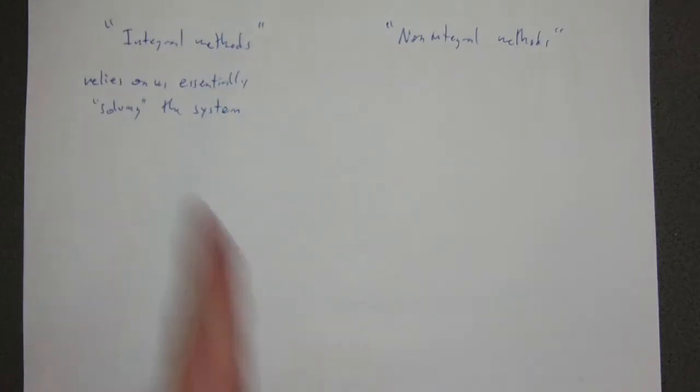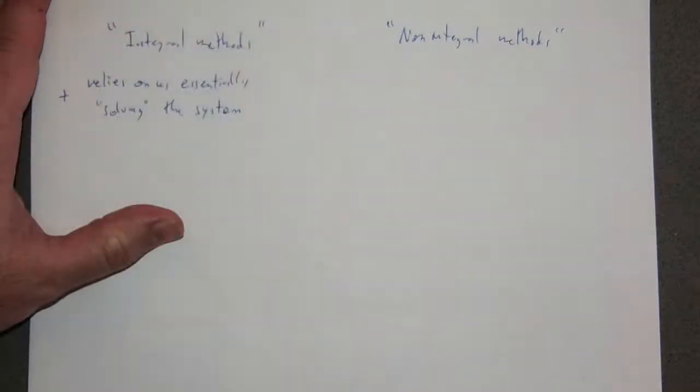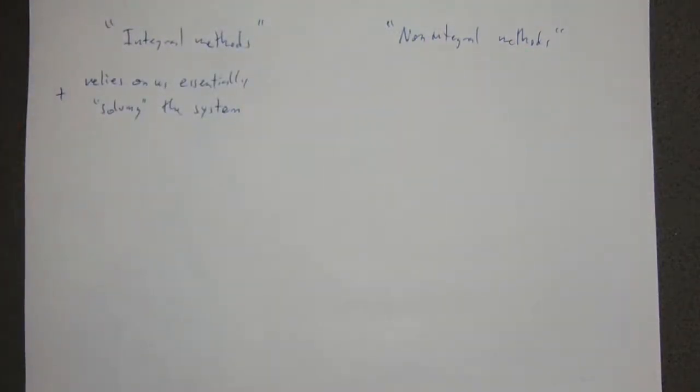So that is a benefit. This is a good thing, a plus. But it's also a downside because it relies on us solving the system, and we just saw that this is not always going to be something we can do. So this is not going to apply to every system, and it's going to narrow our focus to things we can actually integrate.